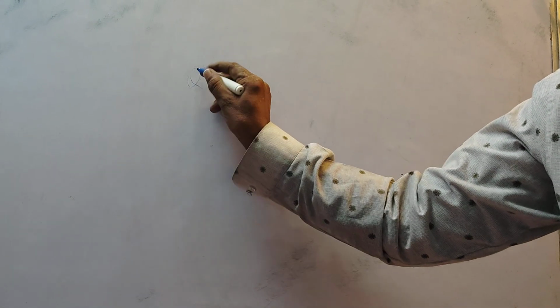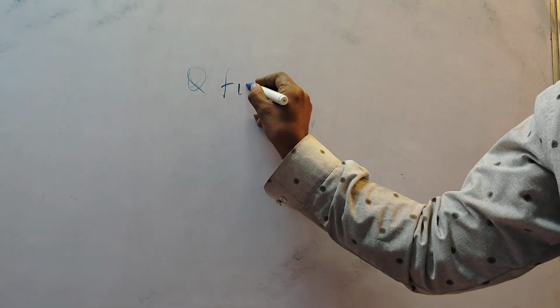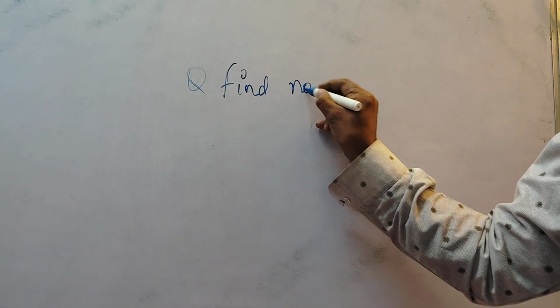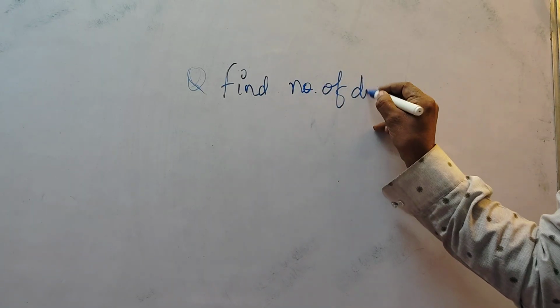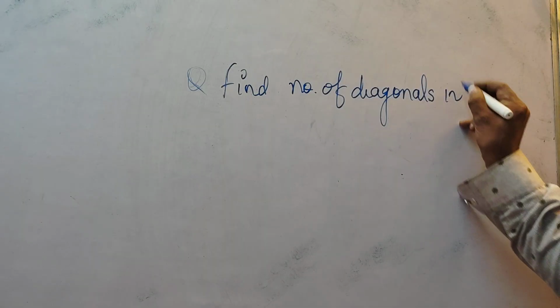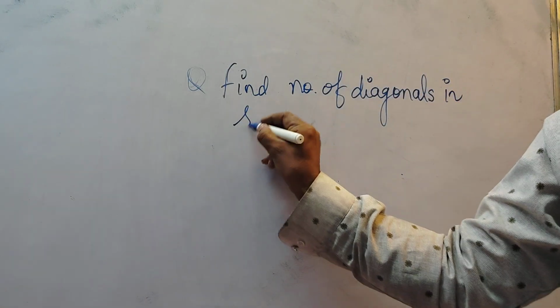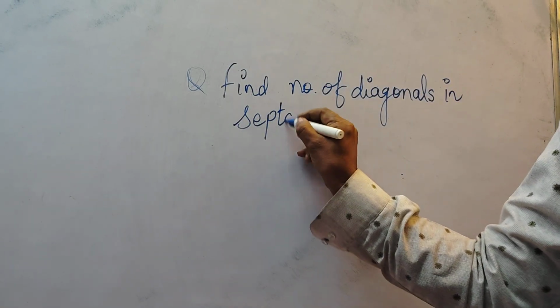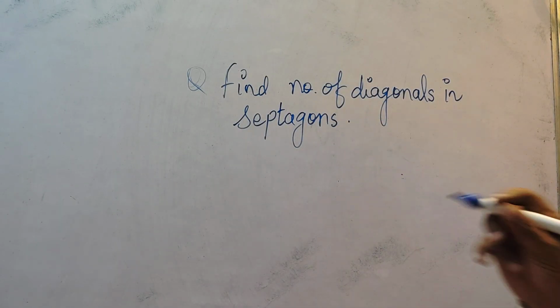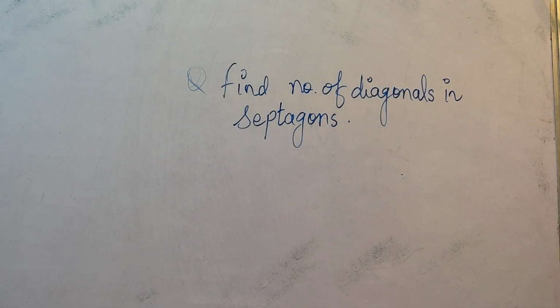So here is question number 2. Find the number of diagonals in a septagon.